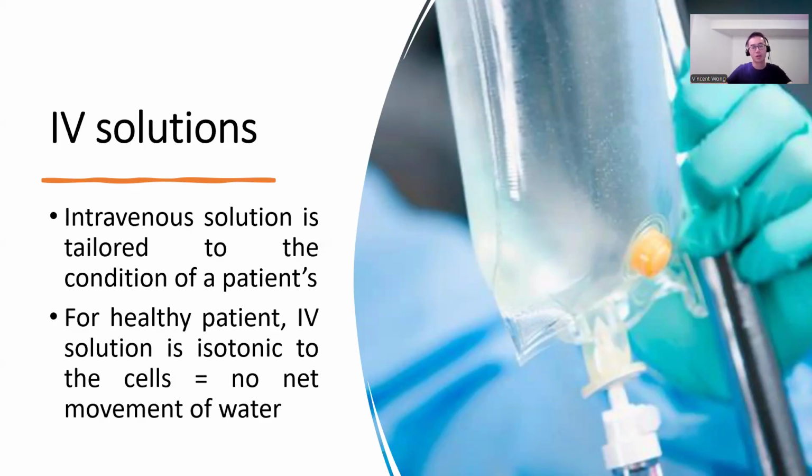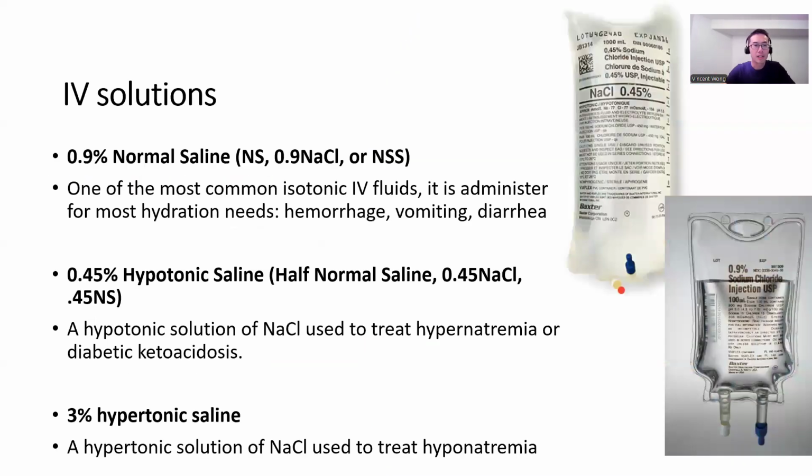For otherwise healthy patients, where there's no special trauma or something like that, the IV solution is typically isotonic, which makes sense. If you're going to give some fluid to a person, you want to give fluid that is similar to what normal cells experience. So you give them isotonic IV solution.